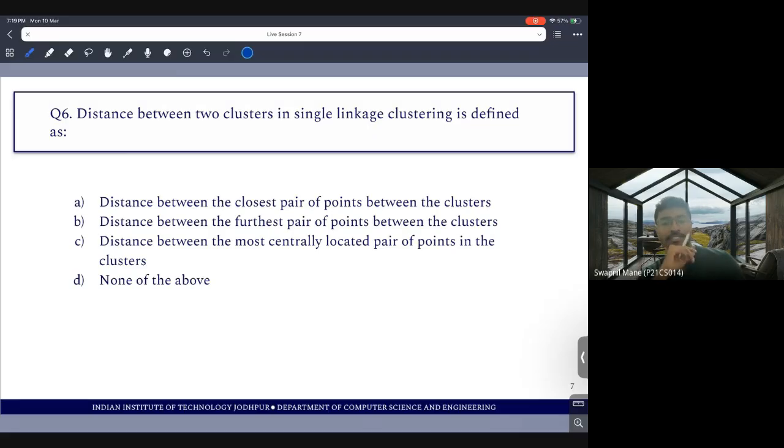We have discussed this many times, in the hierarchical clustering algorithm in the first slide as well, two or three times. Many have also said that option A is correct: the distance between the closest pair of points between the clusters. Option B is the distance between the furthest pair of points between the clusters. So here option A is correct. Is there any doubt in this question about why option A is correct? Anyone? Let me know in that case.